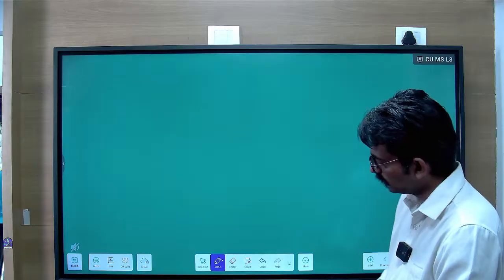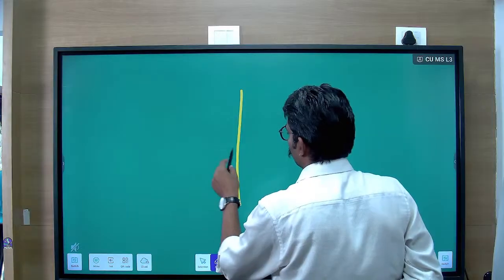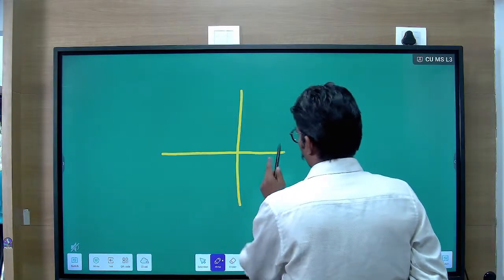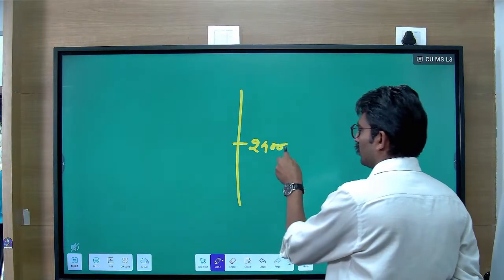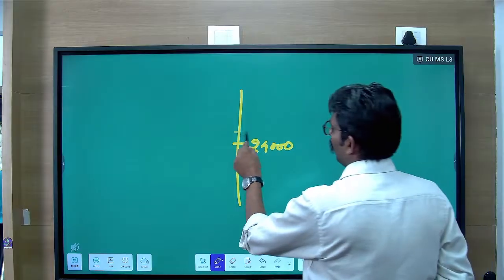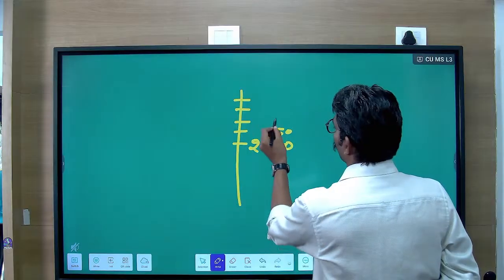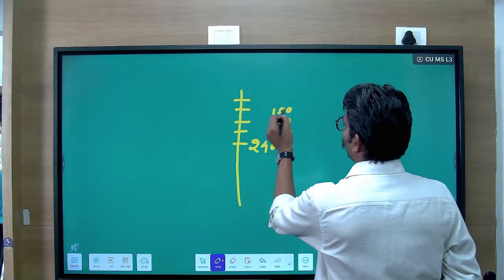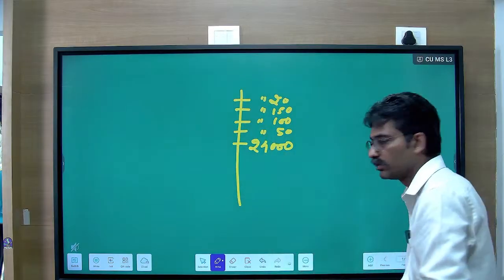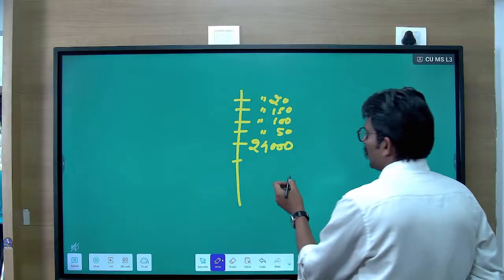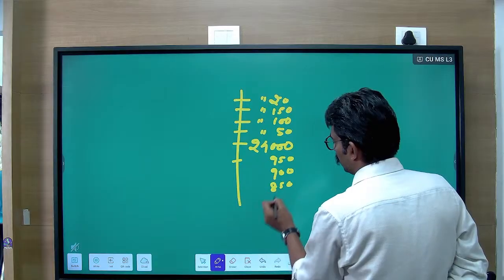So the point is, if this is the scale, say this is 24,000 and say this is every 50 marks here, so this is 24,050, this is 24,100, this is 150, this is 200. And this is how much? 950, 900, 850, 800.